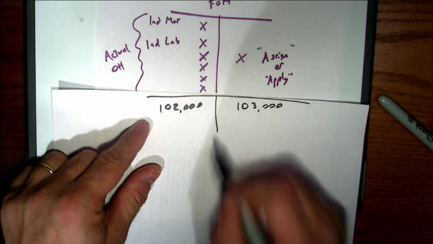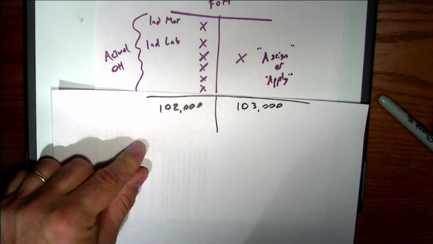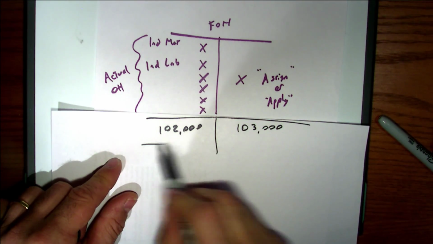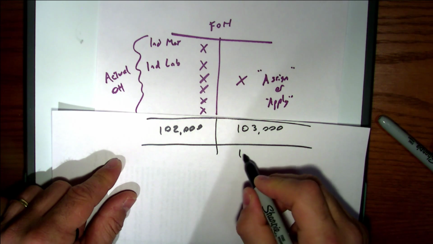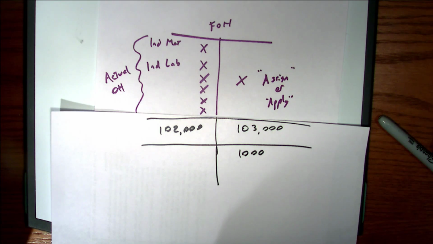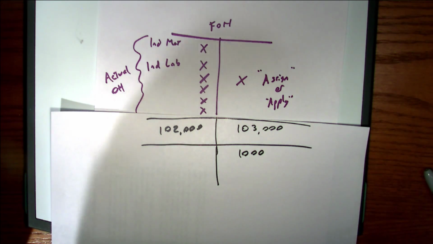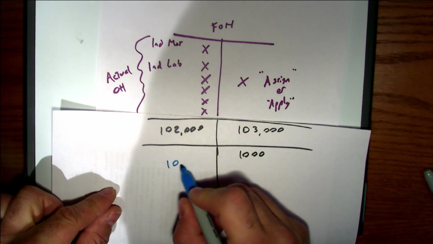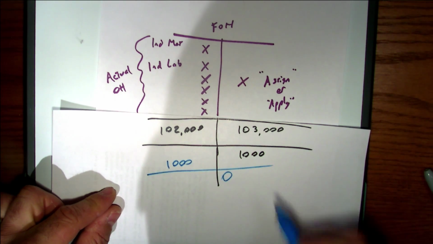Is this overapplied or underapplied? This is overapplied, right? What's the balance of this account as it sits right now? $1,000 on the credit side, correct? If I want to zero that out, what do I have to do? I have to debit it, right? And now it has a zero balance, okay?